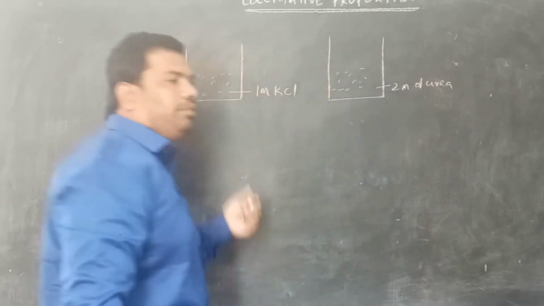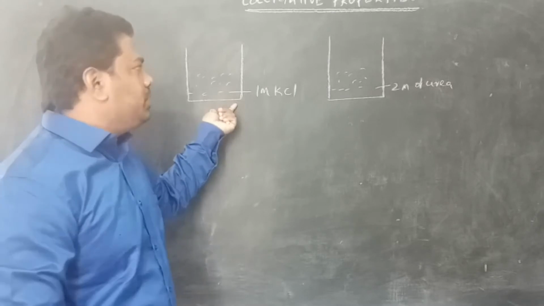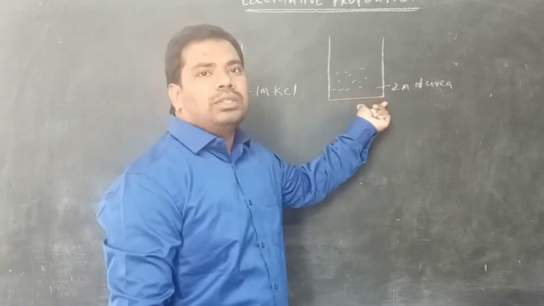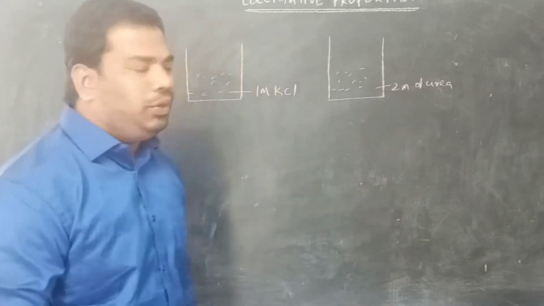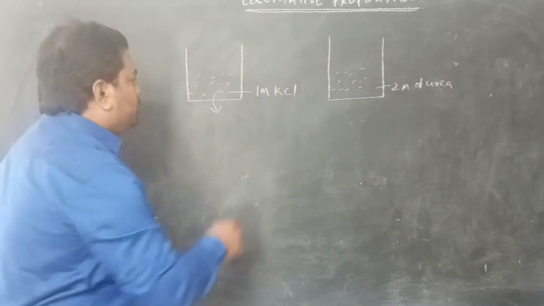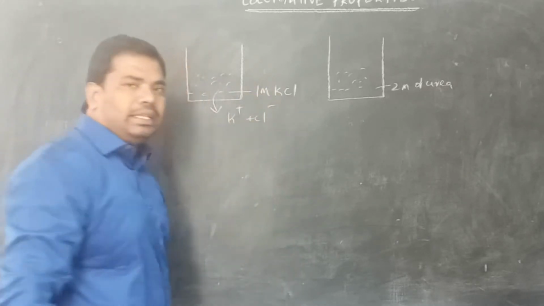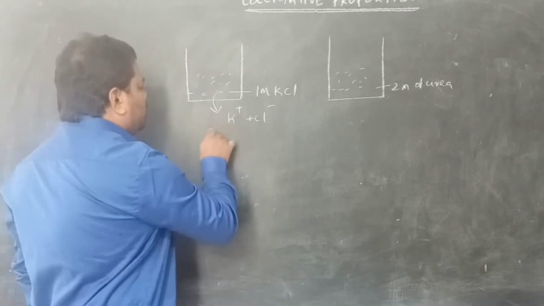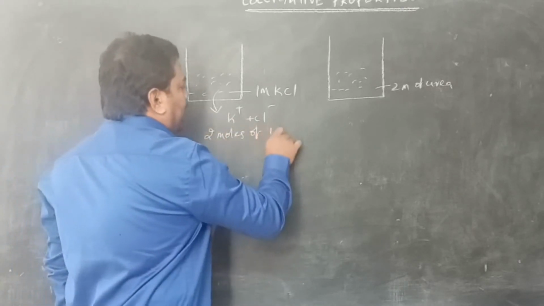So the first vessel has 1 molar KCl solution and the second vessel is filled with 2 moles of urea. Here the KCl dissociates into K plus and Cl minus ions, so it dissociates into 2 moles of ions.